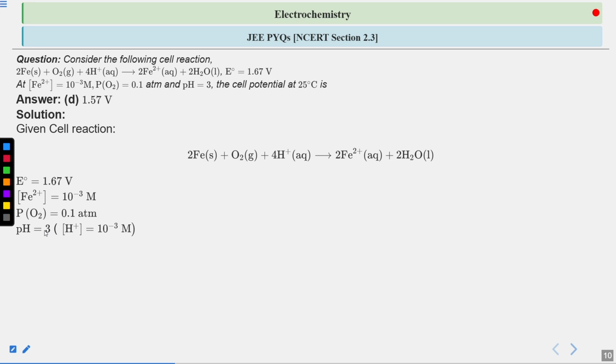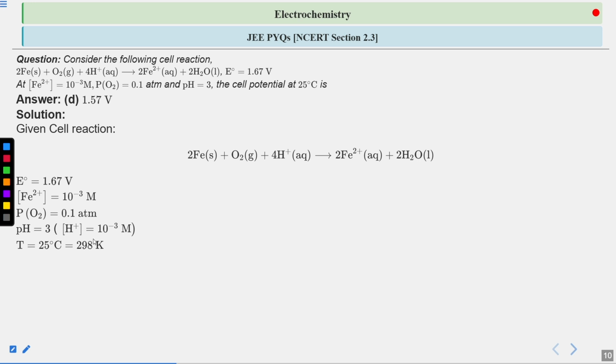The pH of the solution is given as 3, and then H positive concentration will be equal to 10 to the power minus 3. We conclude this from the pH formula: pH is equal to minus logarithm of H positive concentration. So if pH is 3, H positive concentration is 10 to the power minus 3 molar. The temperature we have to consider is 25 degrees Celsius.